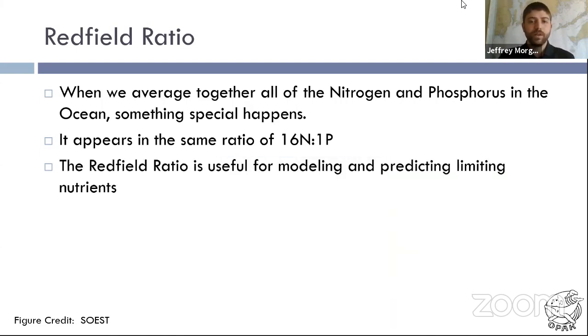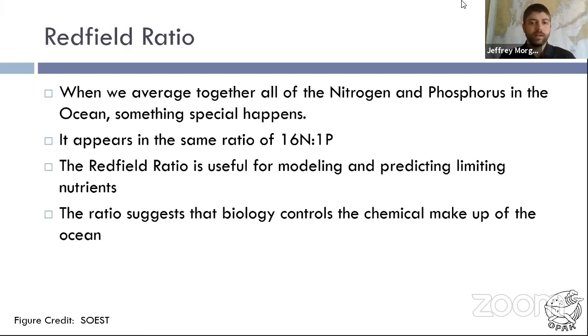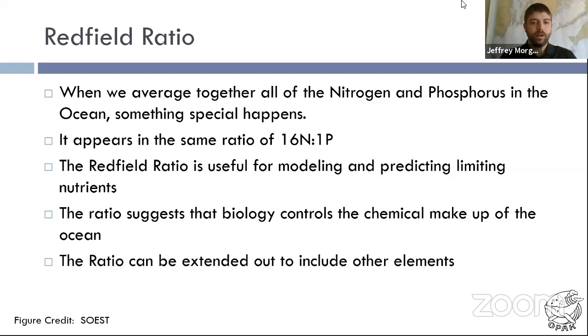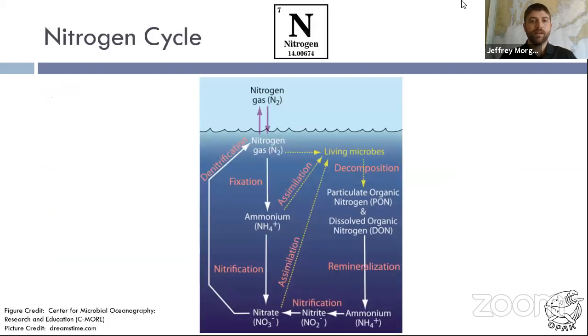This is useful for modeling and predicting what those limited nutrients are, like I just said. This ratio also shows us that biology controls the chemical makeup of the ocean. Again, looking at what individual organisms need to survive on a chemical level. And this can be extended out to look at other elements like iron and nitrogen.